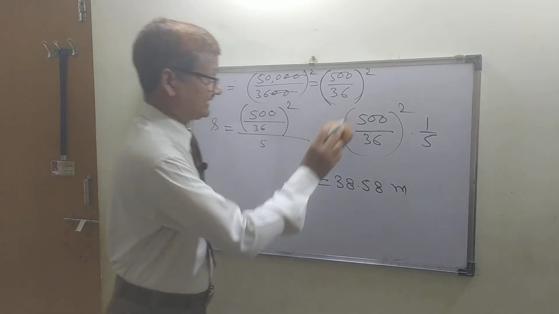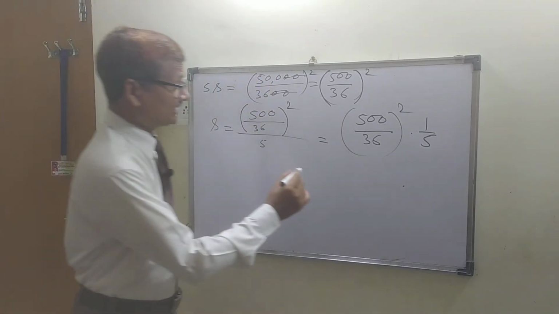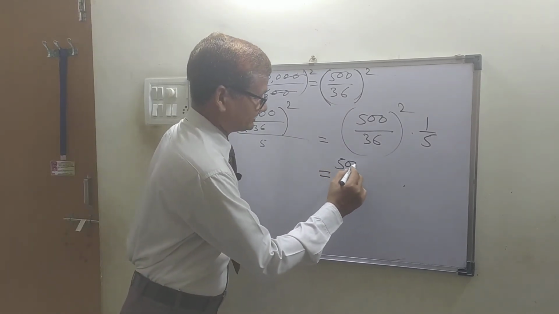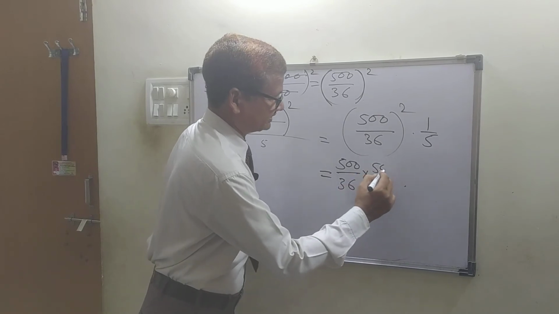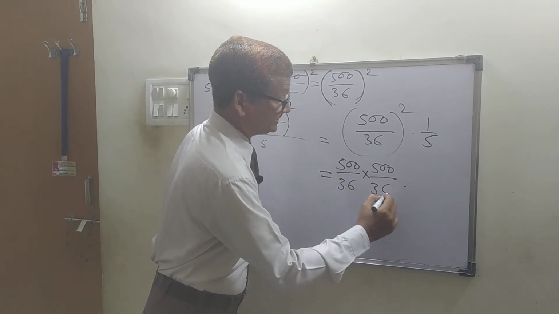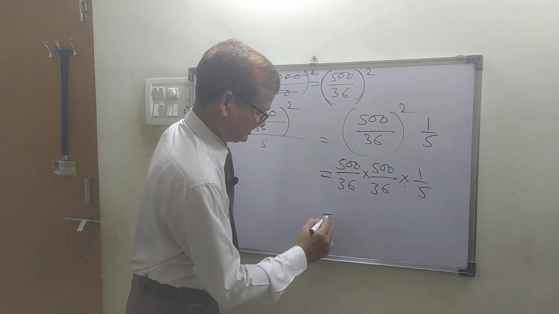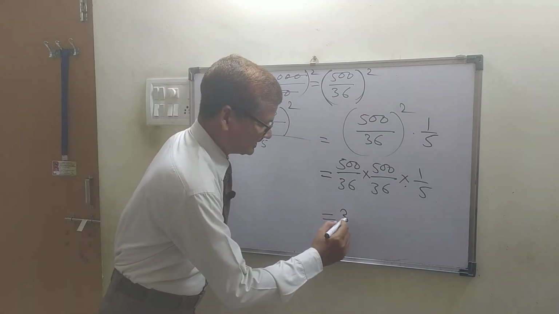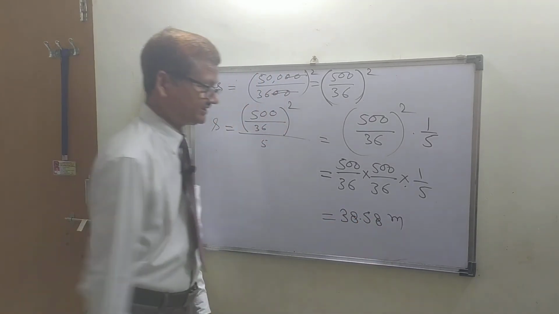This is a small correction in this calculation. So after simplification, 500 upon 36 into 500 upon 36 into 1 upon 5, you will get your answer 38.58. SI unit is meter.